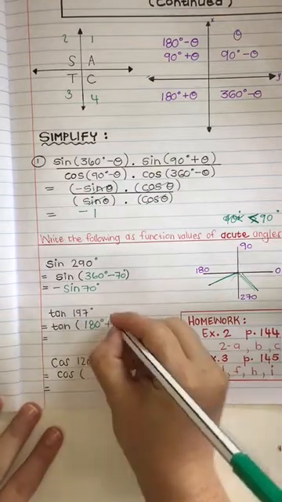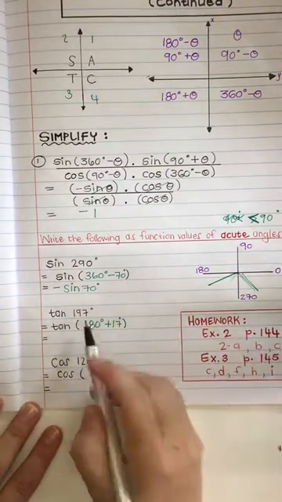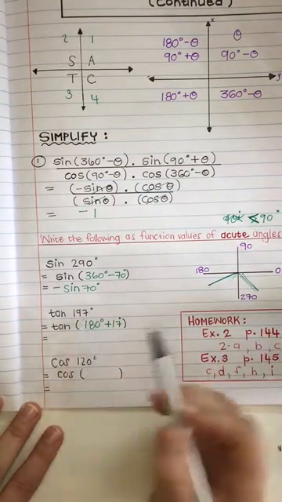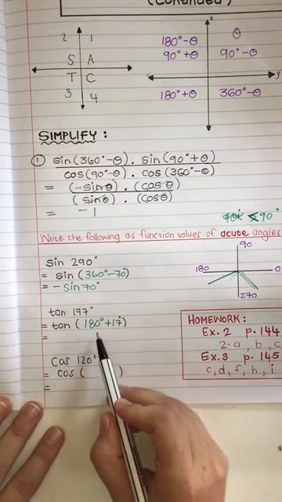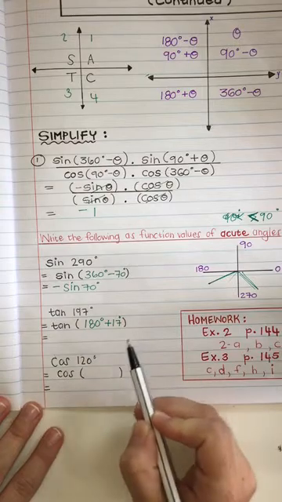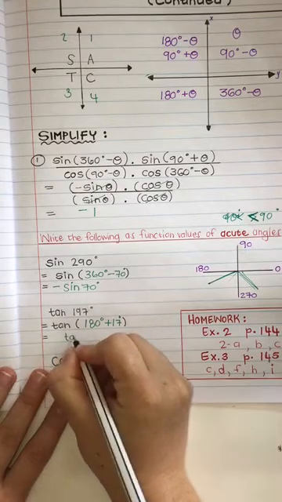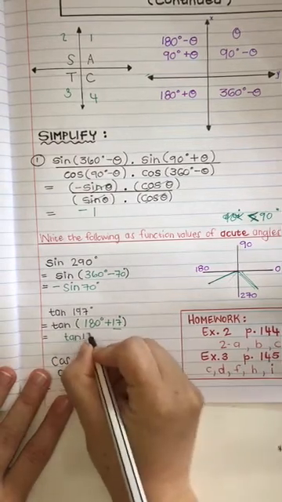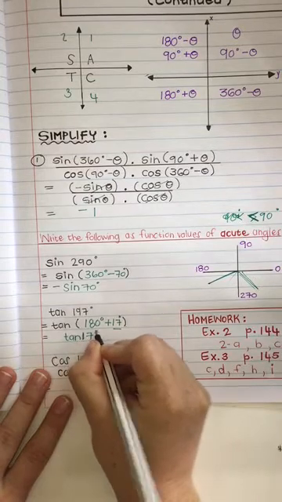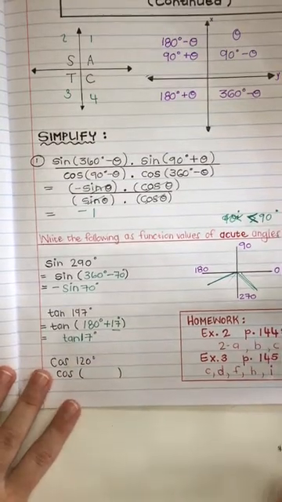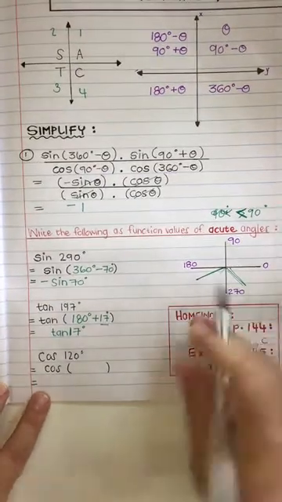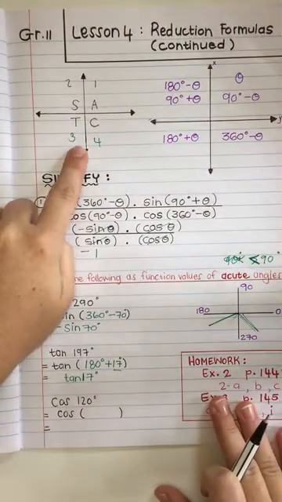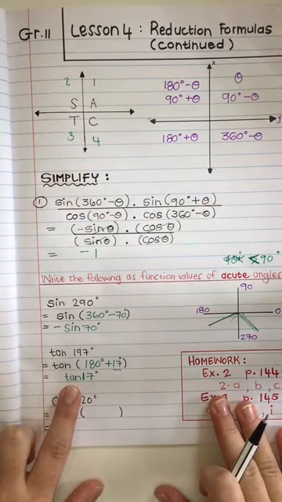Now we have to add 17 degrees to get to 197. Okay, and our rule says that tan of 180 degrees plus any angle will be the same as tan of this angle, except for the positive and the negative, which you have to make sure of. And in the third quadrant, tan is positive, so it's positive.